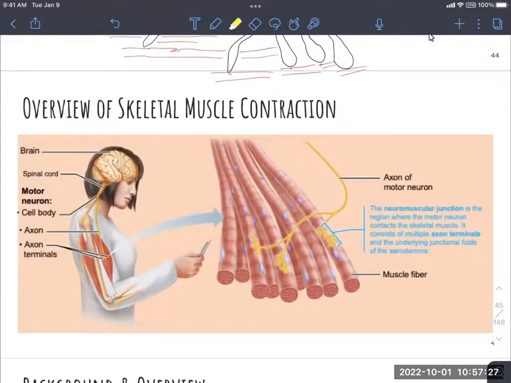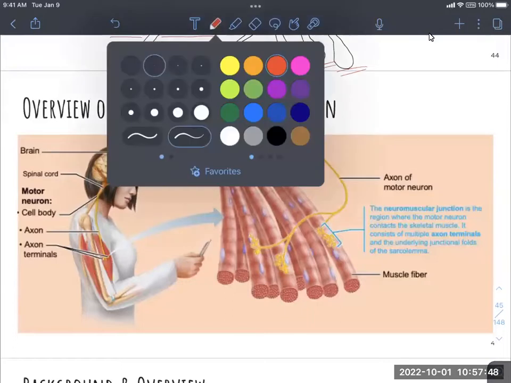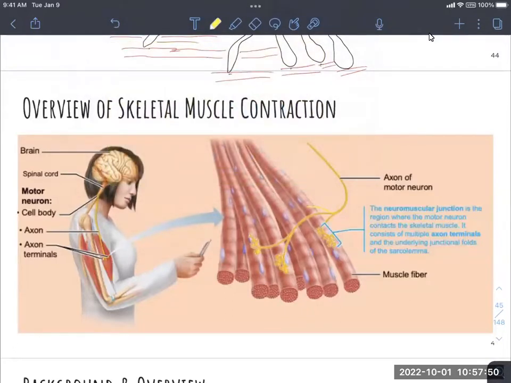We show the brain, and nerves come down through the spinal cord. It's going to come out and talk to this biceps brachii muscle. You can see how these nerves connect to many different fibers. Technically there's one here, but this is going to branch out into a lot more of these, because we need one for every single muscle fiber, and they all need part of this nerve to communicate with them.